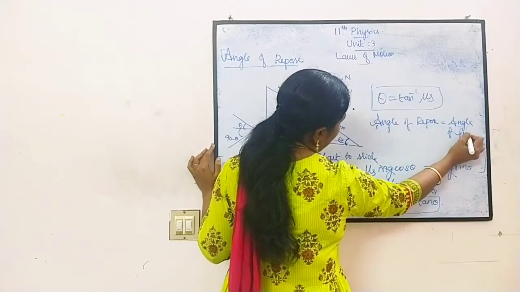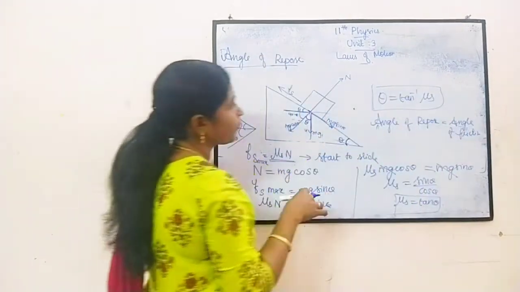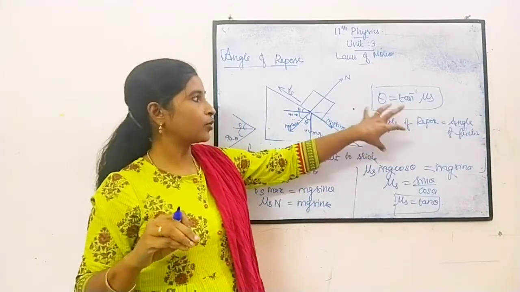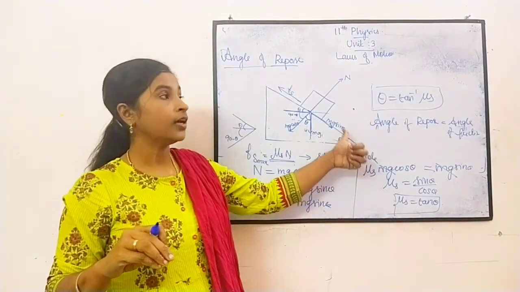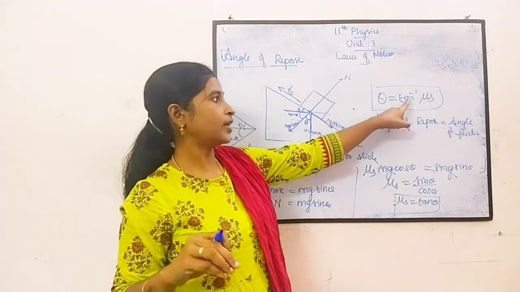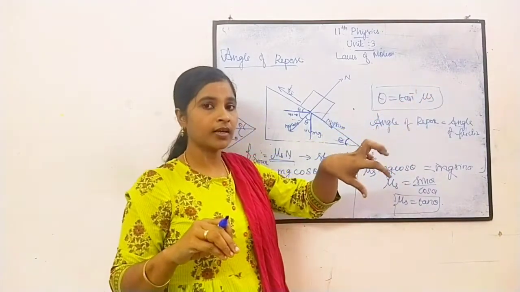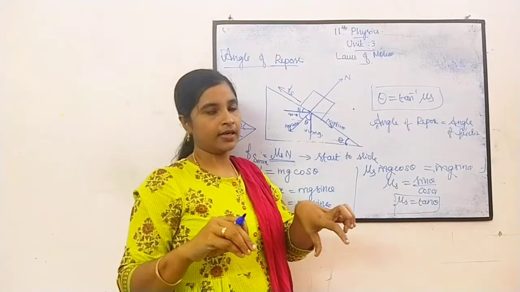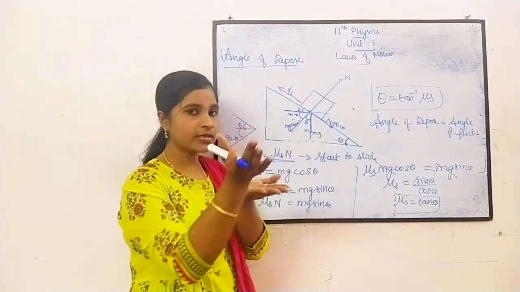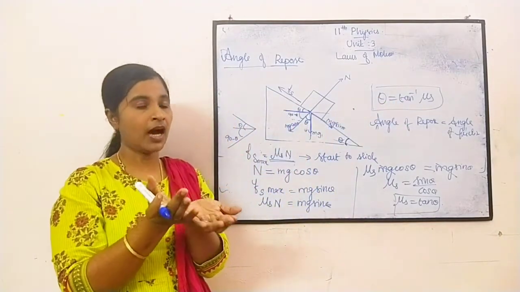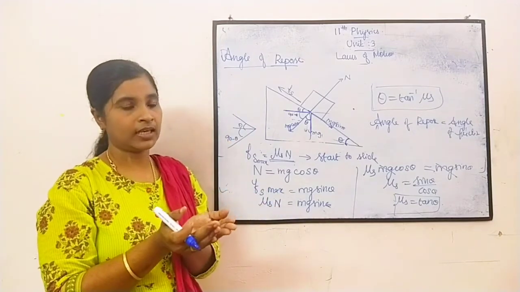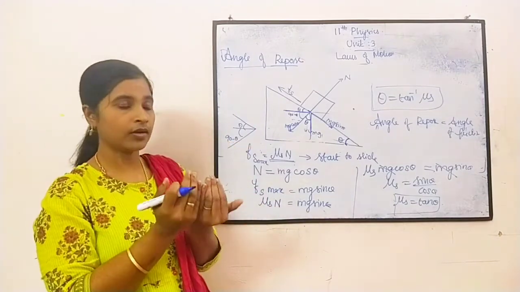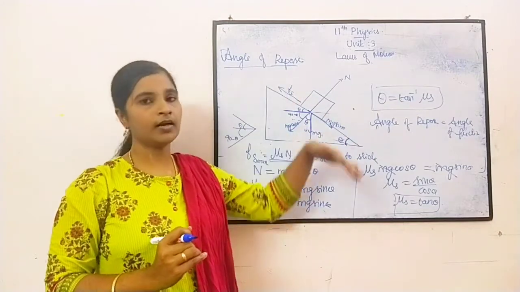Angle of repose and angle of friction are the same. So at what angle will it start to slide? It will start to slide at an angle of tan inverse mu s. Mu s means the coefficient of static friction. That surface has a static friction, right? If you take the tan inverse of that value and set the angle accordingly, it will start to slide.